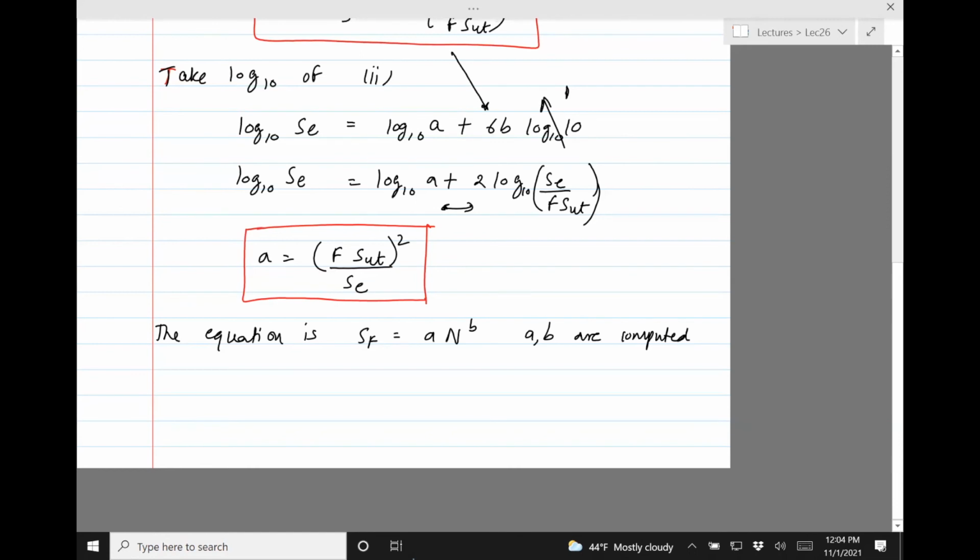So there could be two questions. One is you could be asked, given a strength S_F, predict n, or given the number of cycles, predict S_F. So you just have to take the right kind of inverse, right? So let's say that you're given S_F and asked to predict n.